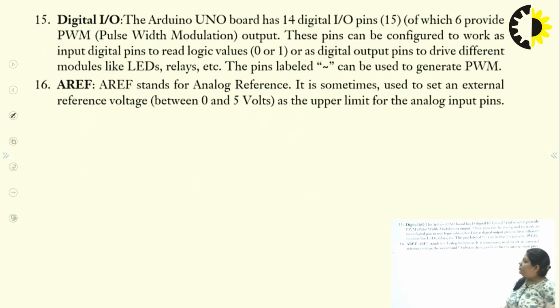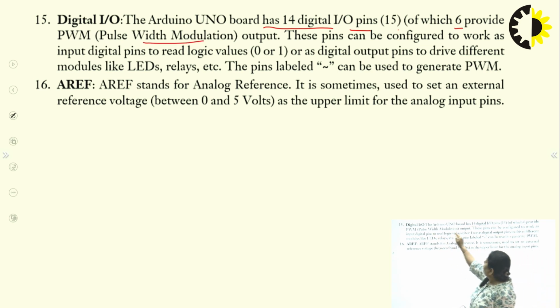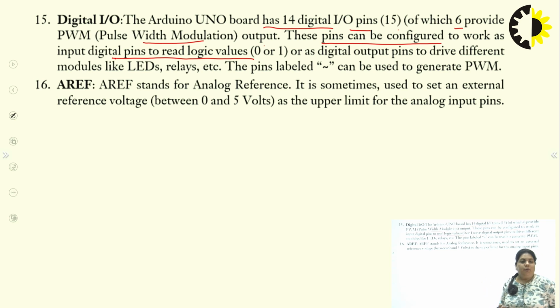Next one is digital I/O, that is digital input output. It has 14 digital input output pins, of which 6 are pulse width modulation outputs, and these pins can be configured to work as digital input pins to read logic values. Whenever we provide an analog signal, they are from A0 to A5, we have studied the analog input, and that can be converted into digital outputs.